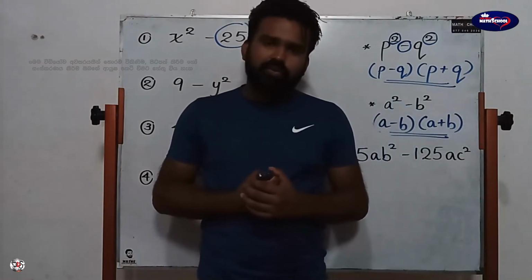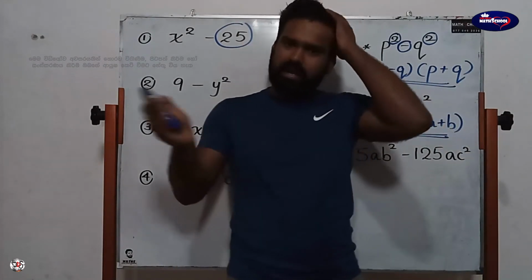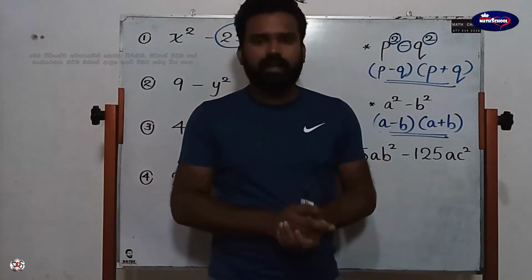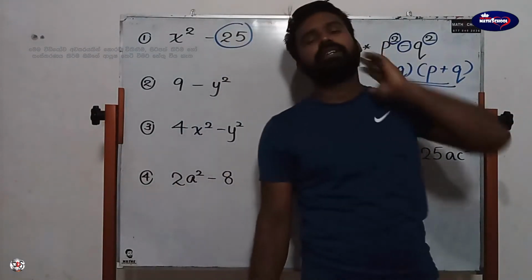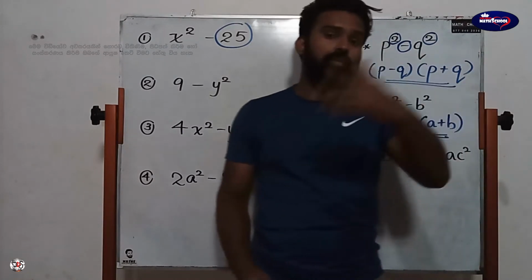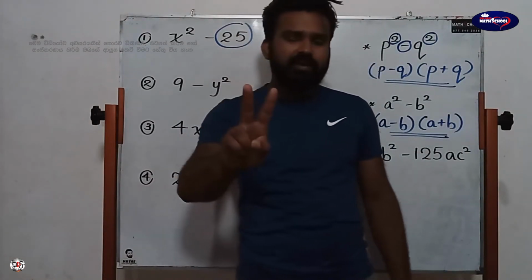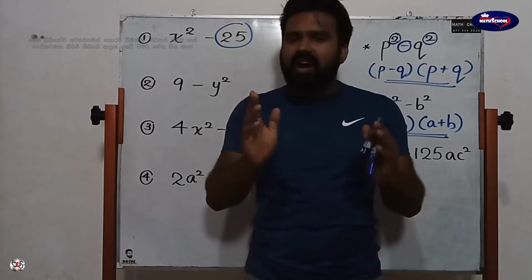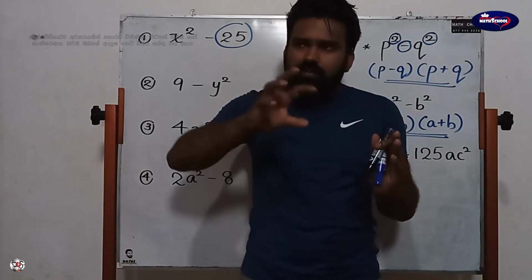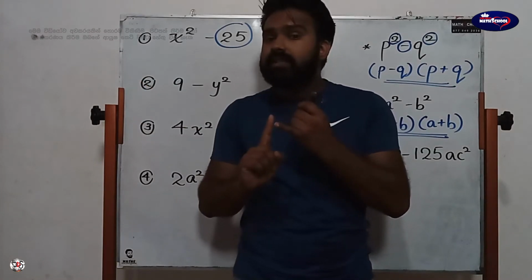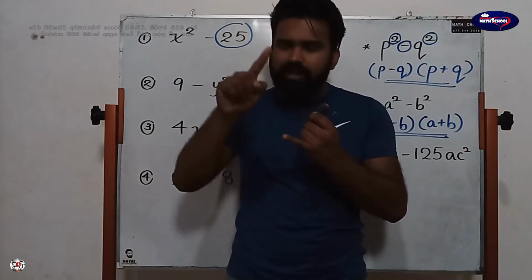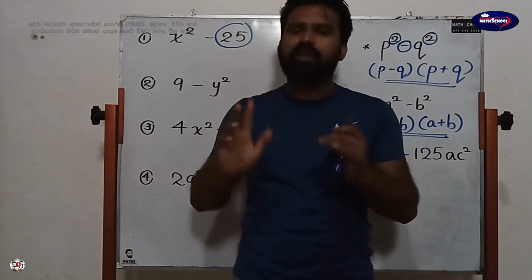So as two terms, as a product, we can write this down. That is the simple method. That means the first one, taking the common factor out. And the second one, if we are unable to take the common factor out, and if it is a quadratic expression, quadratic means x square, y square, likewise some square should be there.